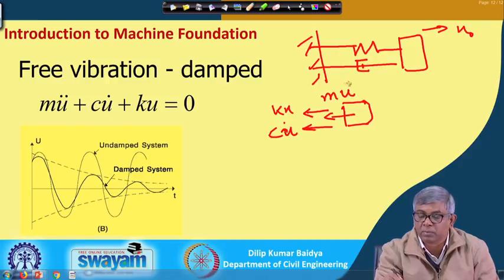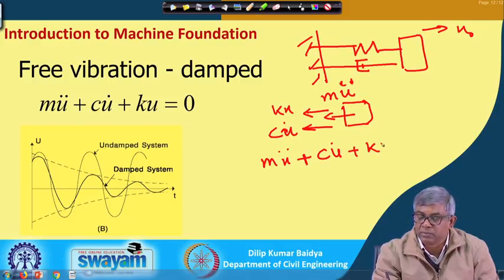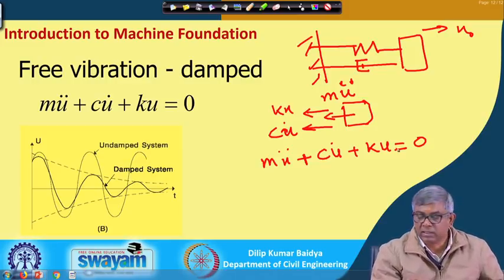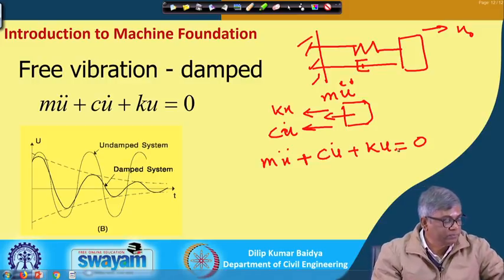So, m u double dot, and since there is no external force, you can sum them. So, m u double dot plus c times u dot plus k times u becomes 0.